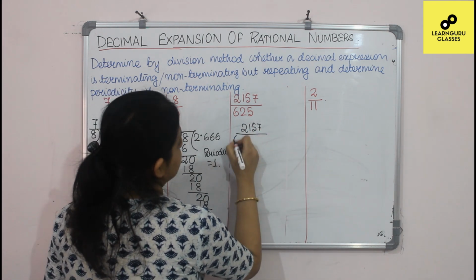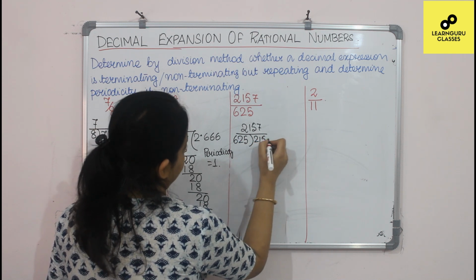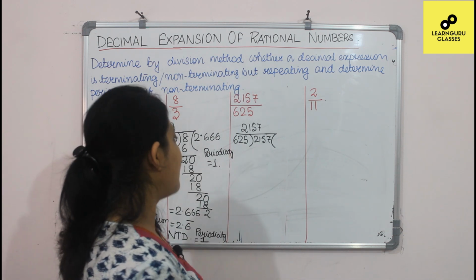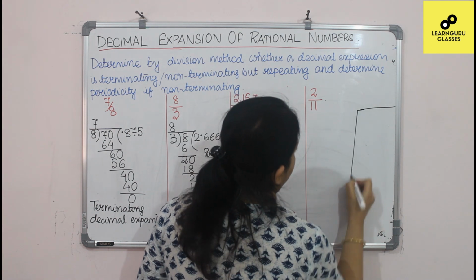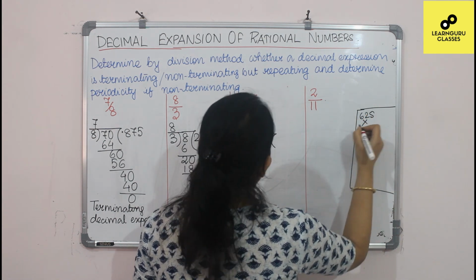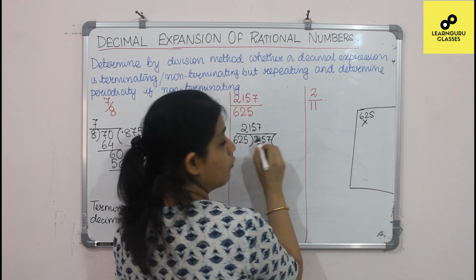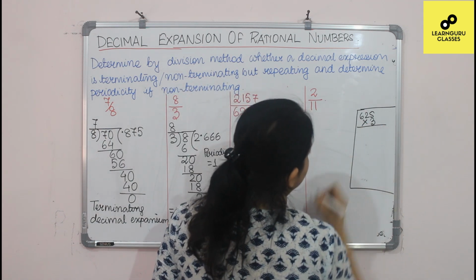2157 by 625. Okay, so this is a long division. So you have to see, 625, here I am doing the rough work. 625 multiplied by 4 will be more than 2157, so let me multiply it with 3.